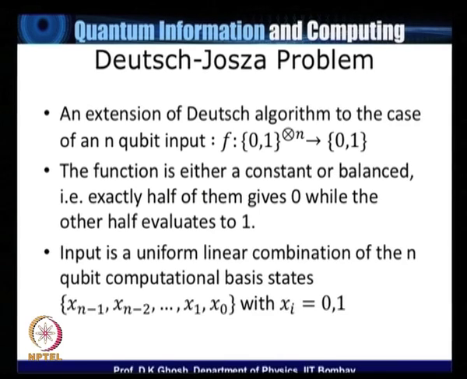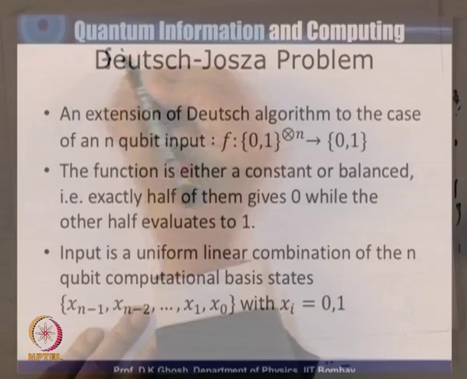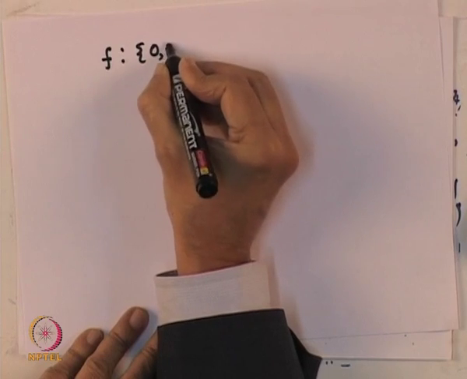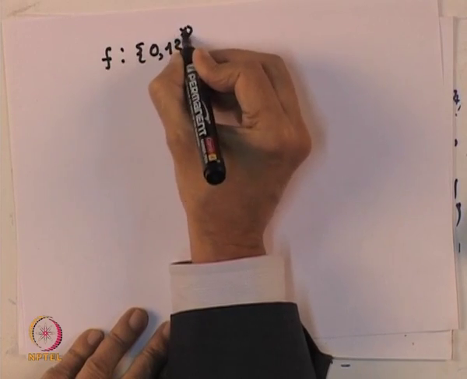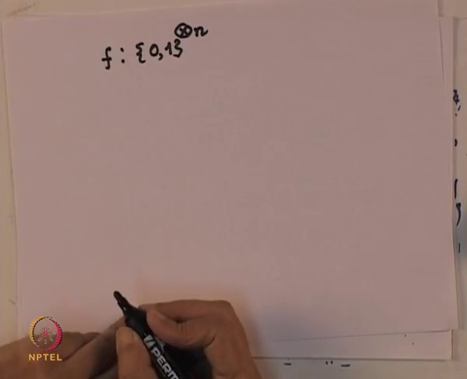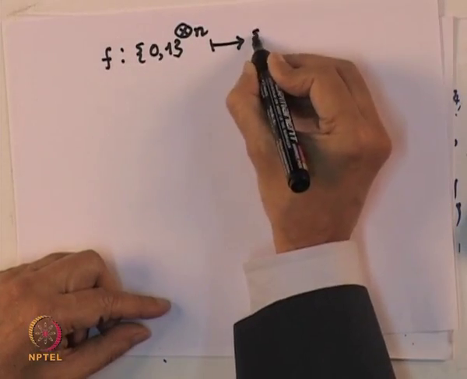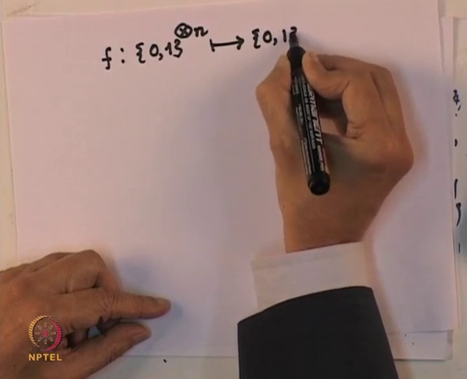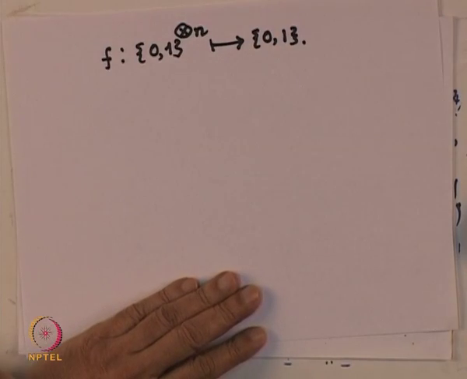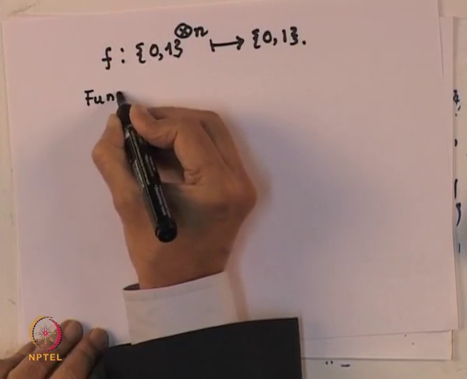So therefore, I am interested in functions of n-qubit input, which is represented like this, but the function evaluates to a single qubit. So once again, like the Deutsch algorithm, I have either a constant function or a balanced function.